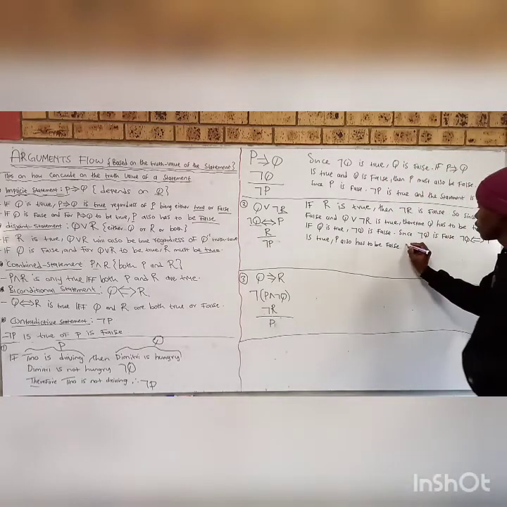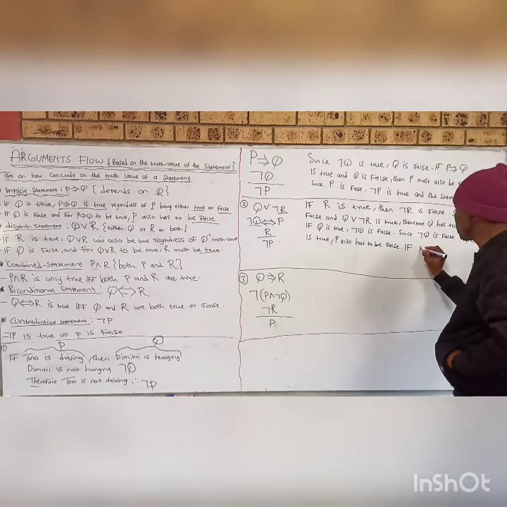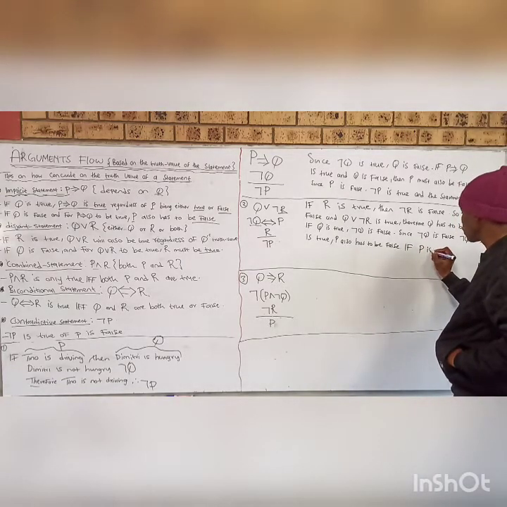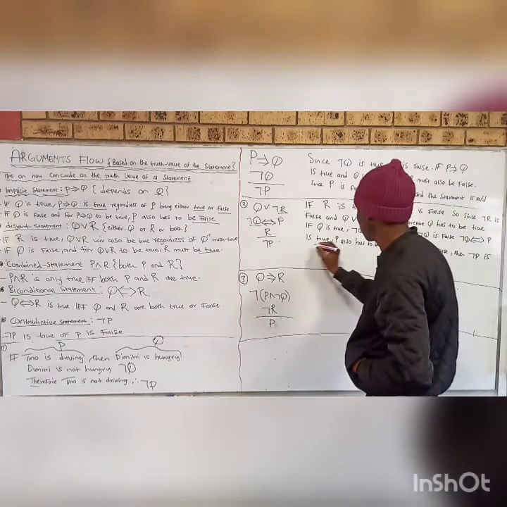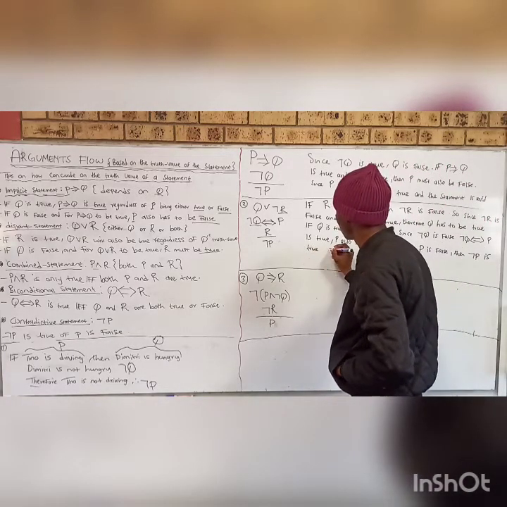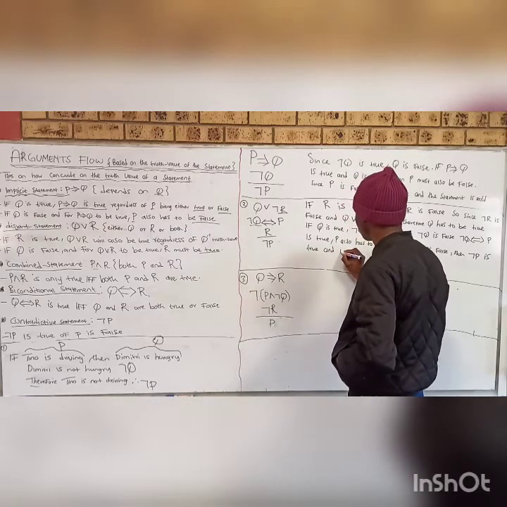So we continue. If P is false, then not P is true, and the statement is valid.